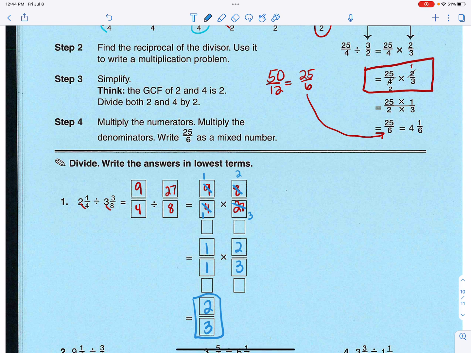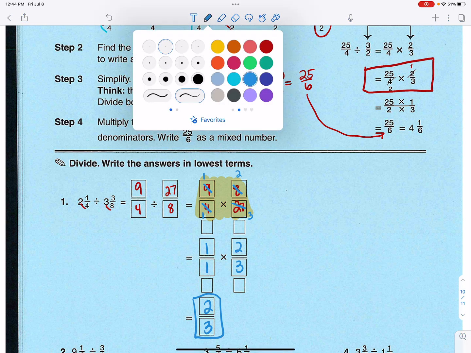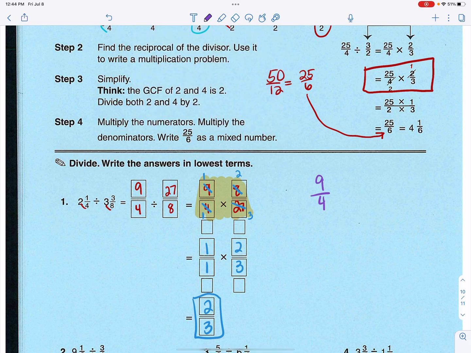Okay, but I want to go back to this line right here. And let's say I didn't simplify. 9 fourths times 8 twenty-sevenths. If I multiply straight across, and you could use a calculator, but you have your pink sheet, 9 times 8 is 72. And if I multiply straight across there, 27 times 4 is 108. So if I look at this, I'm going to use my calculator on my phone. I really think 6 goes into both of them, maybe even 12.